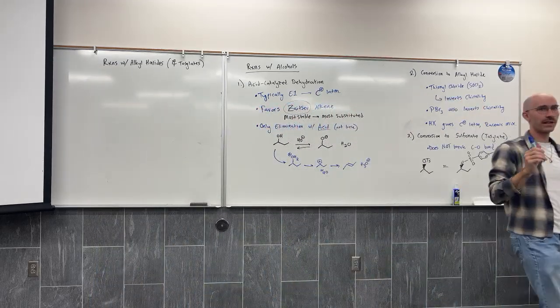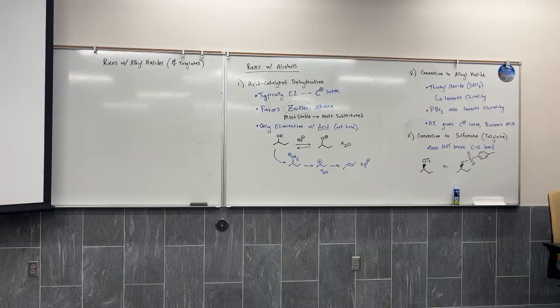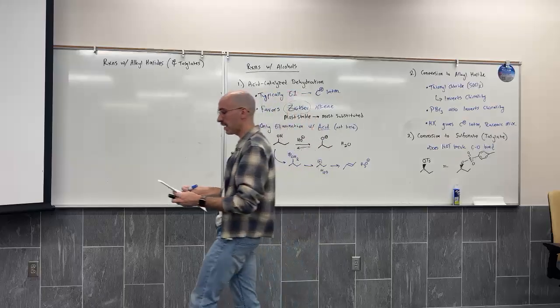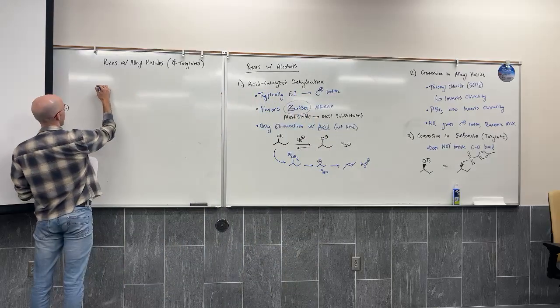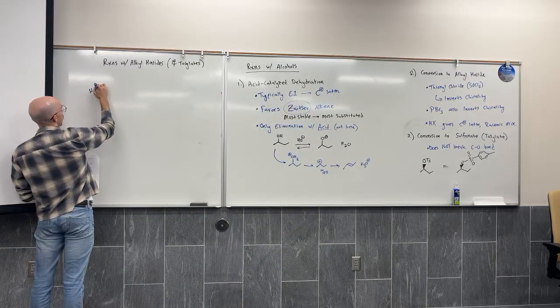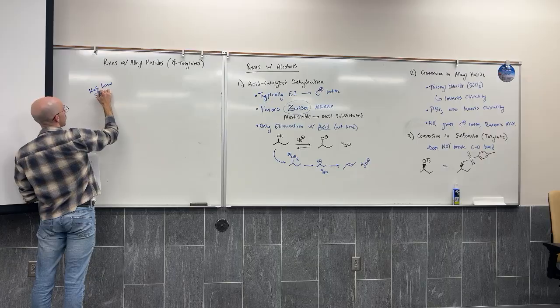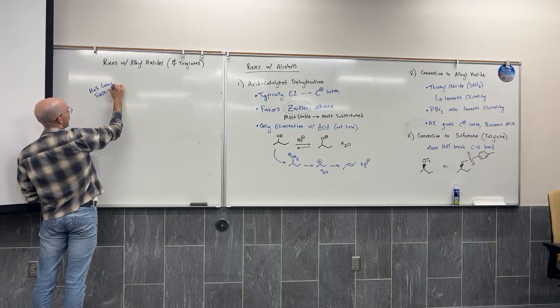When it comes to alkyl halides, I want you to consider their substitution. The substitution of an alkyl halide dictates the reactivity of the alkyl halide. If an alkyl halide has low substitution, what would those be?